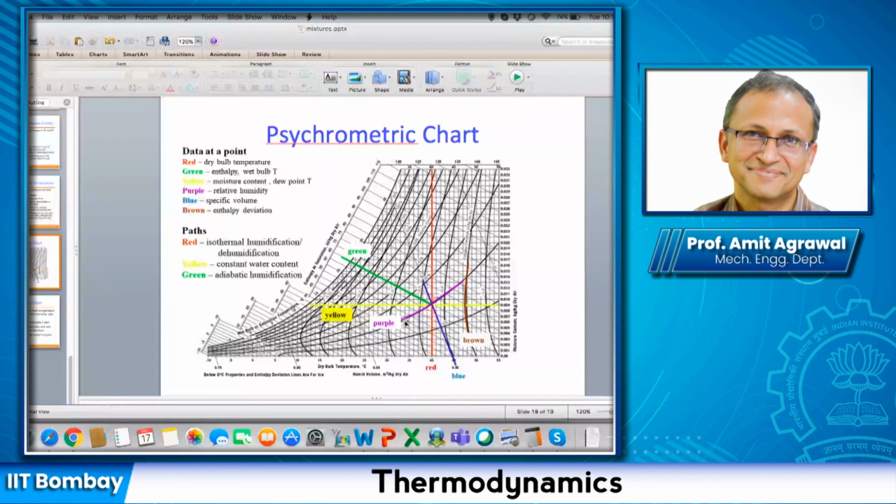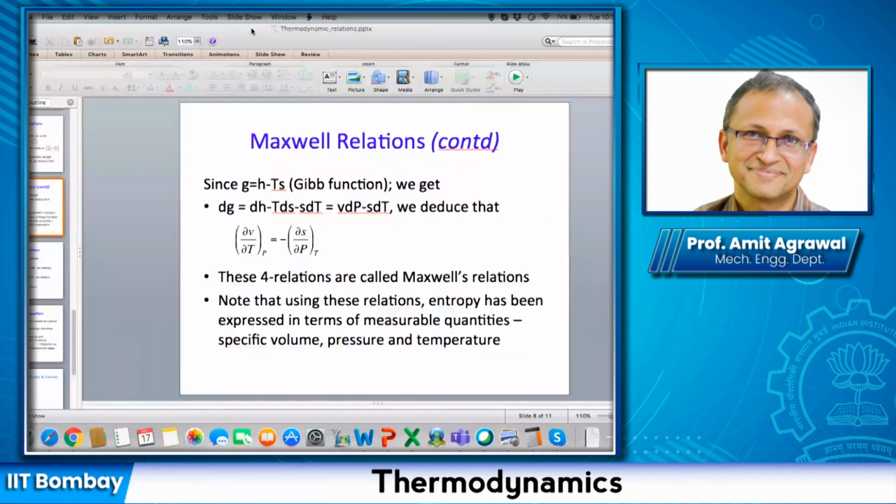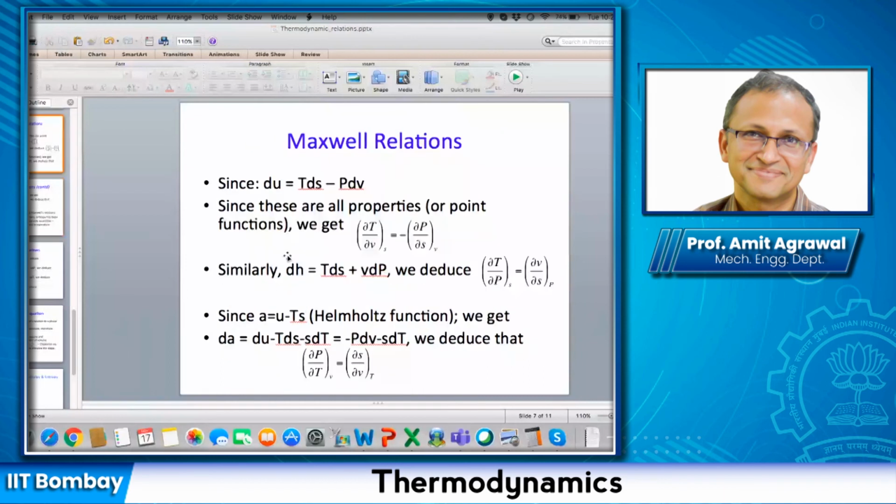So depending on which curve you are moving along, that's what these would imply physically: how V is changing with respect to T at constant pressure. So you are essentially moving along a constant pressure line, an isobar, and then how is the value of temperature changing along that isobar? And here you would mean that V, of course, you can take the inverse of, is changing with respect to S, or if you are moving along an isobar, how is your entropy changing? That's what this quantity would mean.